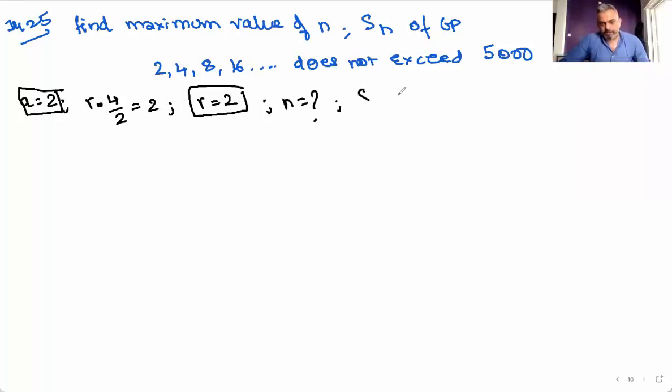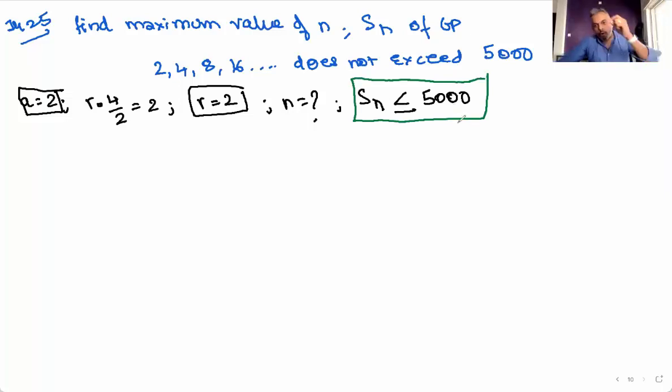S of n does not exceed 5,000, so it should be either less than or equal to 5,000. This is a very important step. Sn should be less than or equal to 5,000. It should not exceed 5,000; if it is 5,000, that is also fine.